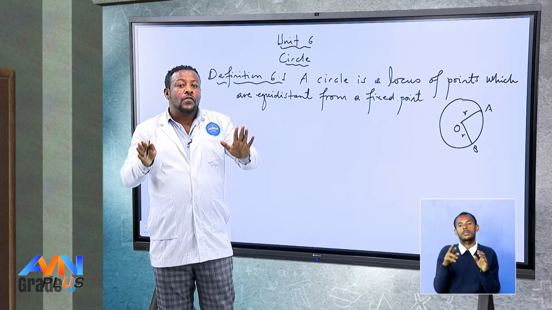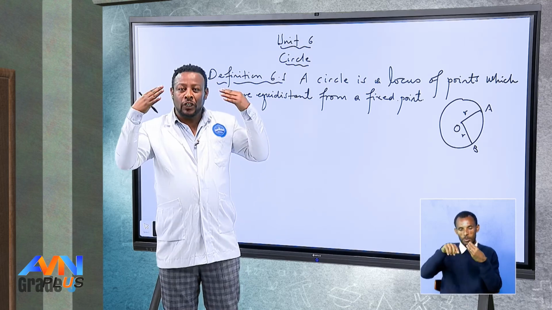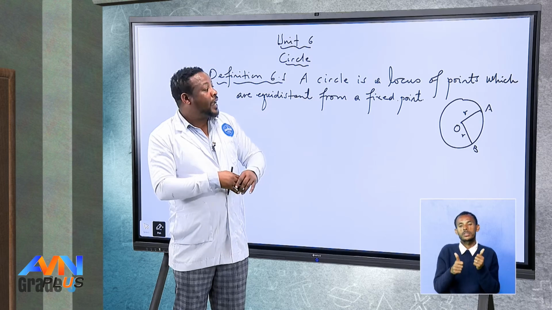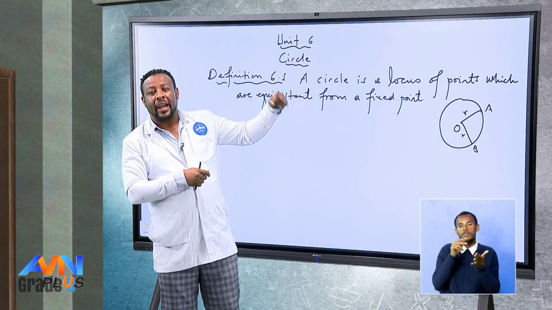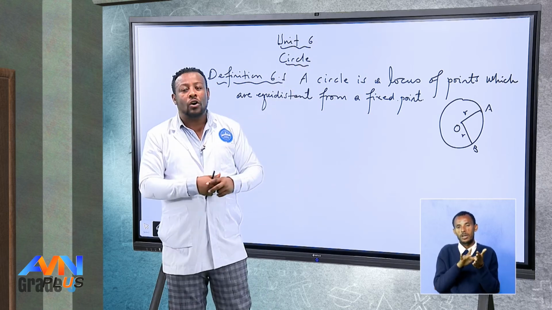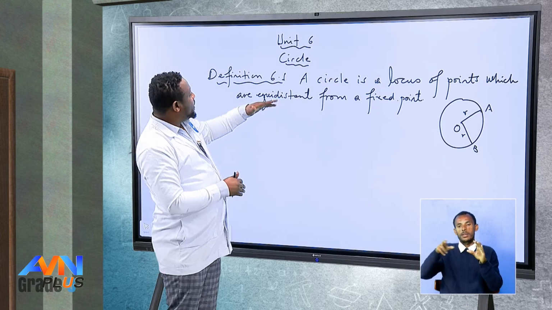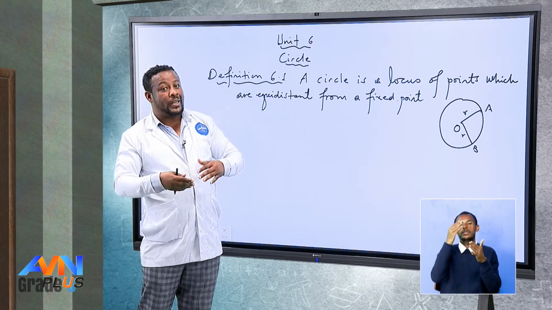So don't forget, whenever we discuss a circle, you need to keep in mind that there is a center, which is called the fixed point, and the distance between the center and a point on the circle is the radius.